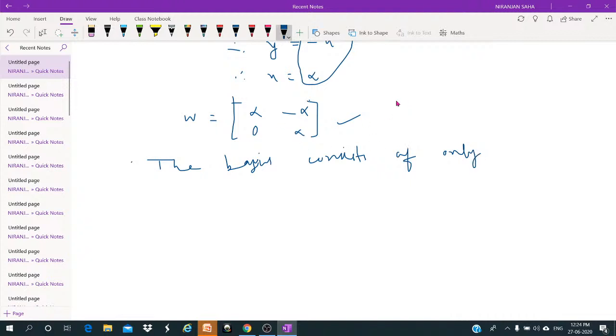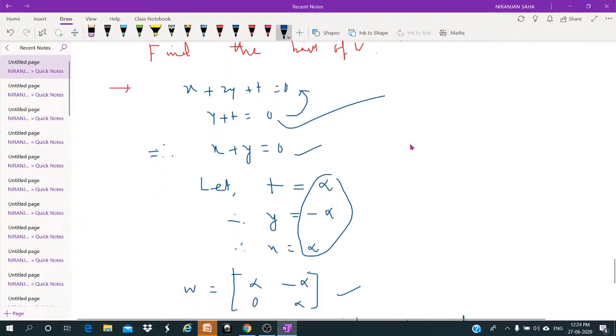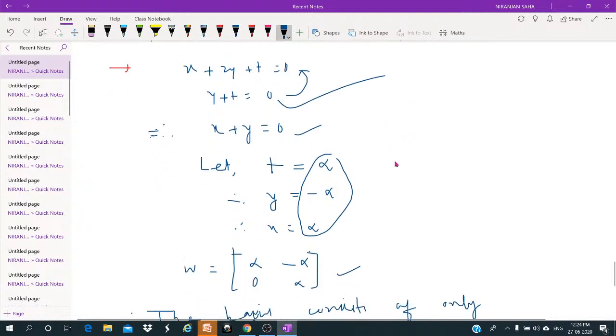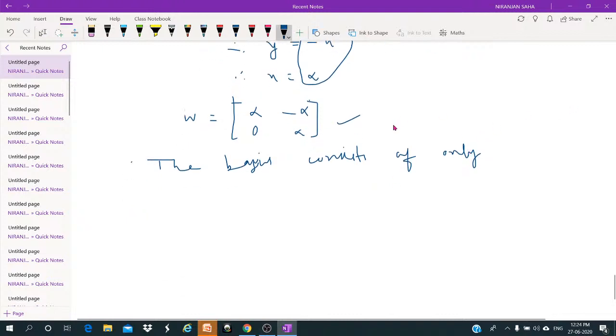Here alpha belongs to R. The basis consists of only one element, a single element.